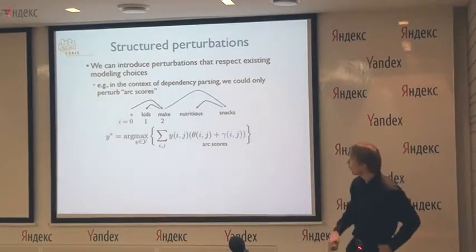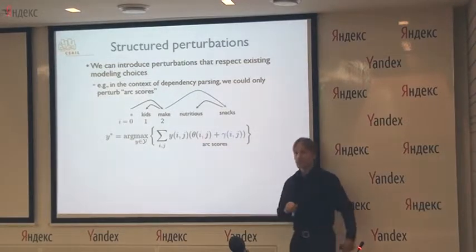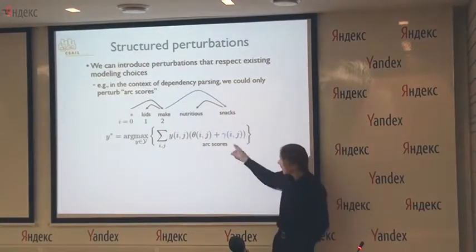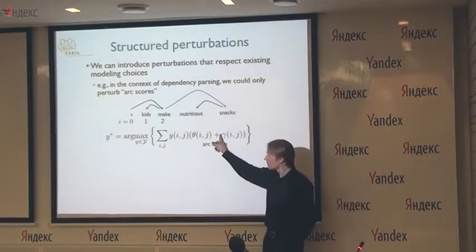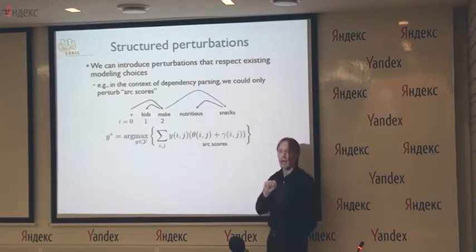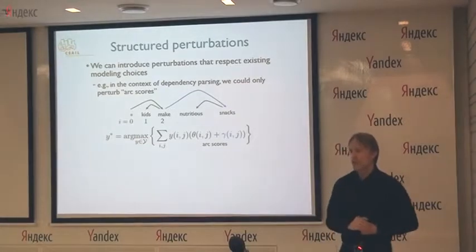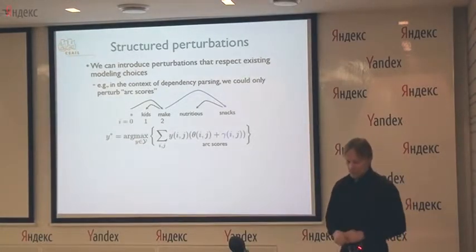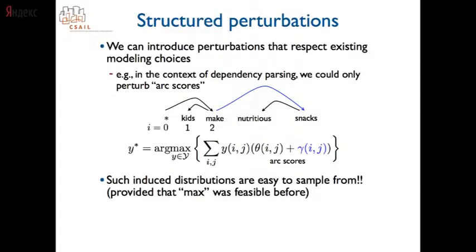A lot fewer perturbations than for each structure individually. And we saw already that this maximization is actually tractable. As I perturb the arc scores, I'm still in the setting where scores are assigned to each arc separately, and I can perform the maximization. So what I have is a model where it is easy to draw a sample from.